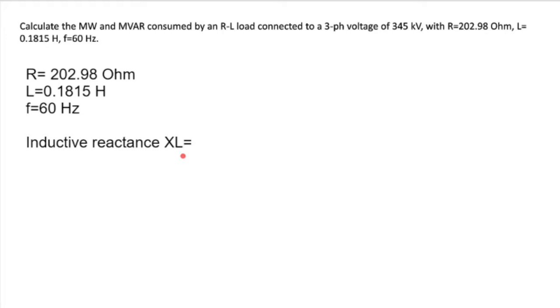So what's the value of Z? 214.2 ohm. Now the next point is to calculate the power factor.